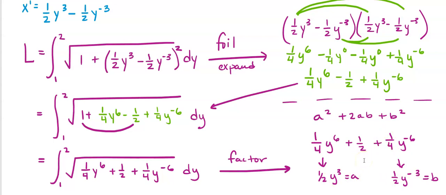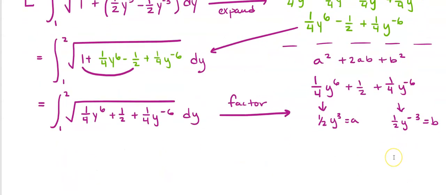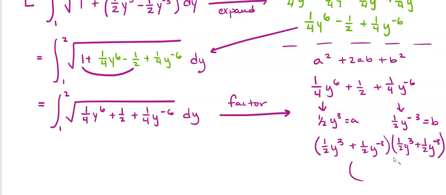We definitely have a perfect square trinomial, so we can write this as 1/2 y cubed plus 1/2 y to the negative 3, all squared, as a power of 2 since they're the same factor twice. That will allow us to get rid of our square root over here on the left.